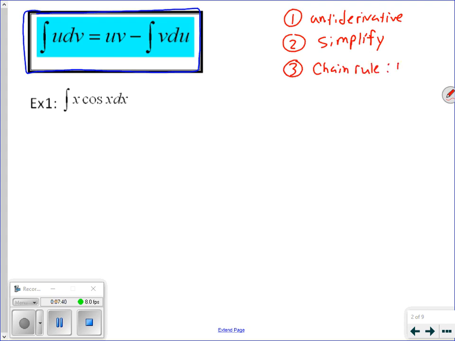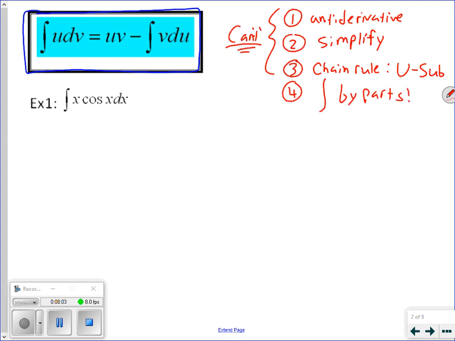We undid that doing u substitution. Okay? Those are really the only three that we've categorized for integration. And if you can't do any of these, then the next part that we're putting on our list is integration by parts.